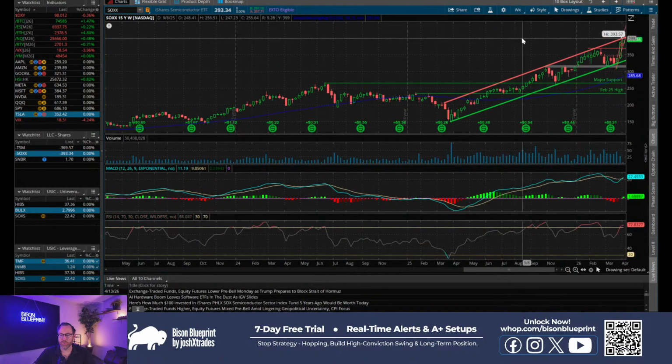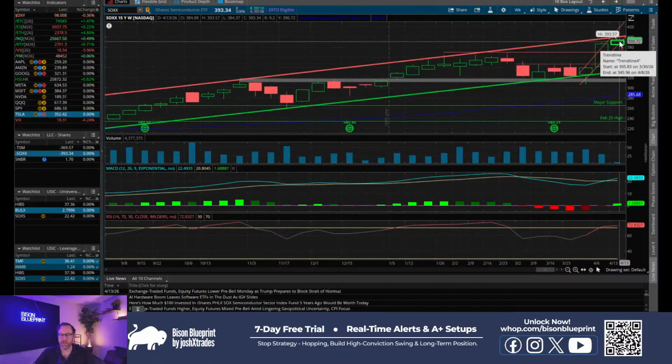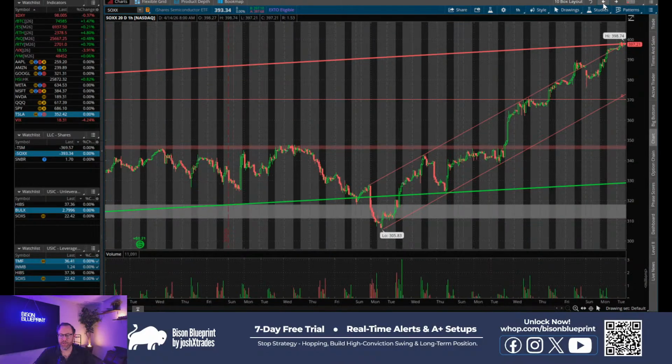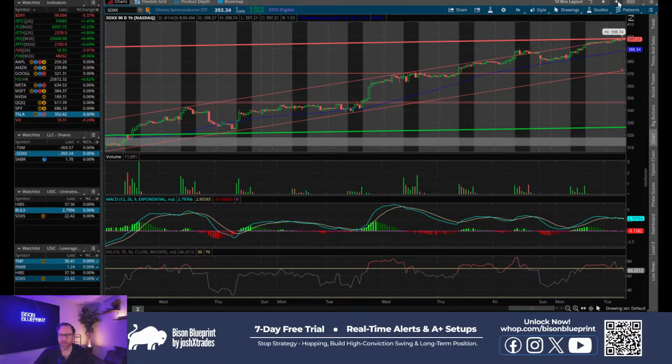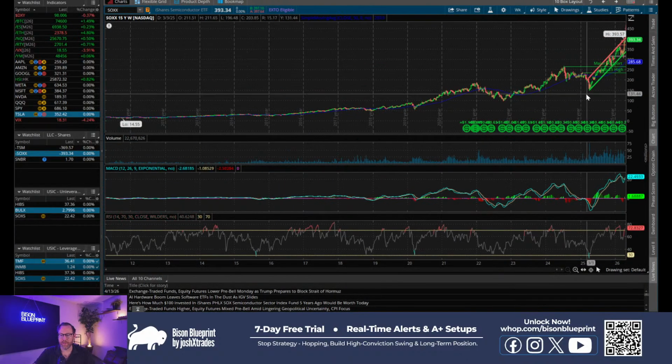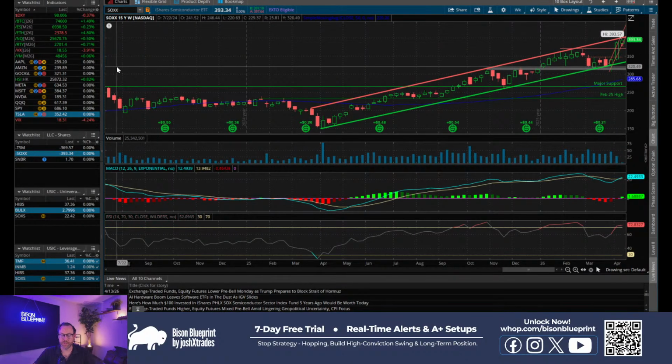So now we're reapproaching this $400 trend line level. So we got to see if we can get some resistance here to pull this thing off, because it's just unrelenting again on the move on this one.